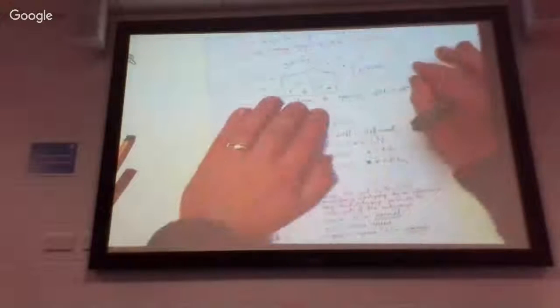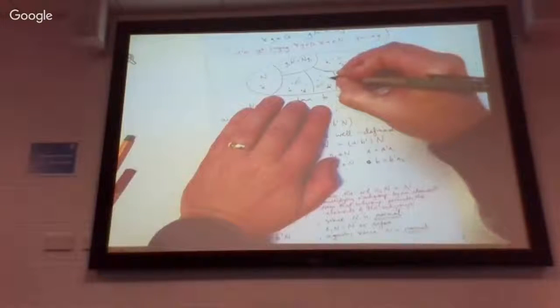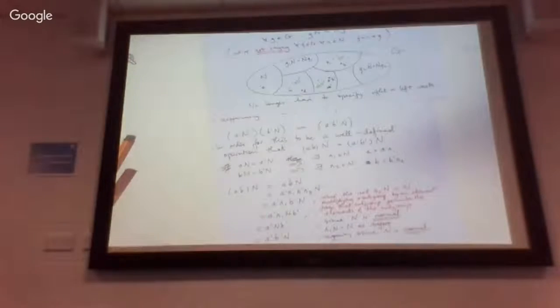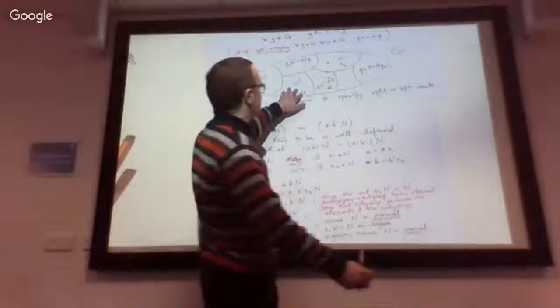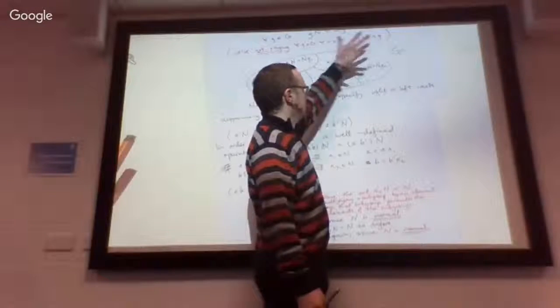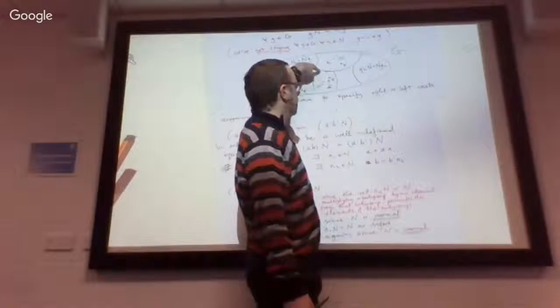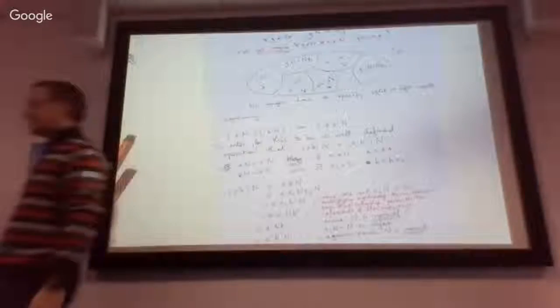So to complete my diagram there, I ought to indicate one of these other elements in there as A prime, B prime. That will always be the case. Choose any element from here, multiply by any element from here in the original group G, it'll always land up in the same coset. So that's what it is. And that is because the subgroup is normal.